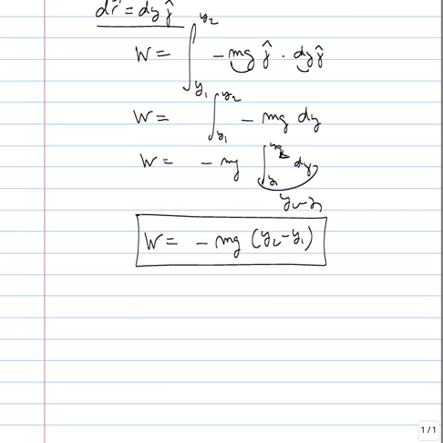Now, let's look at this carefully. Let's imagine that I decide my coordinate system to be centered at my y1 position. And again, I need to choose it up. So let's say y1 is equal to 0. Then really the work done in this particular case is just minus mg y, and y refers to wherever position I brought my system to. Let's take the case where I'm bringing my system up. So I'm going against gravity. My dr is going up, and my force due to gravity is in the opposite direction.